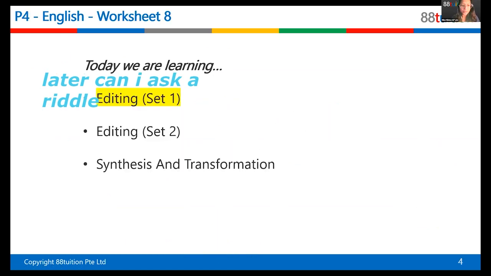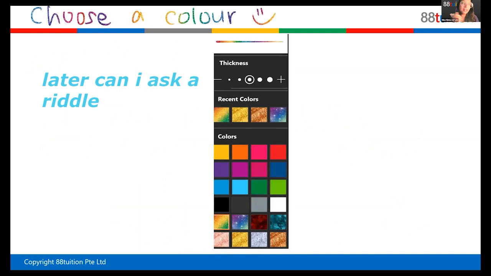Okay. Now here, let's look at the first set of the editing. I'll choose a color. Who wants to choose my color? I see Money's hand is raised. Okay, yes. What color? Is that golden? Golden, as in this one? No, the other one. The other side, next to this one.